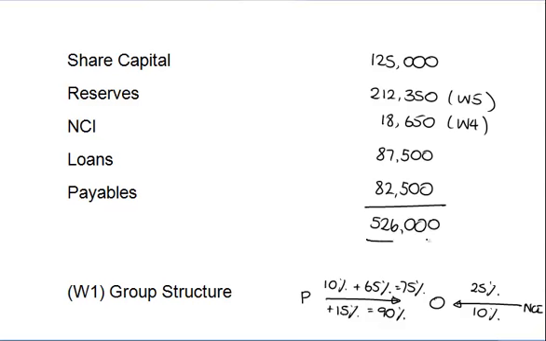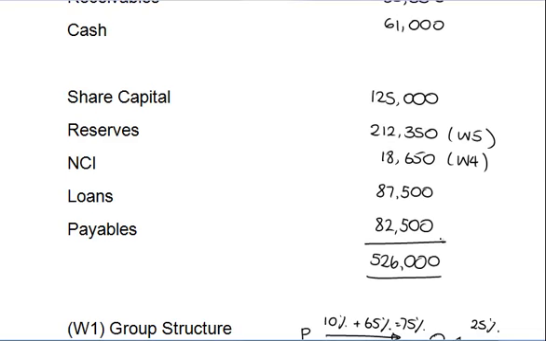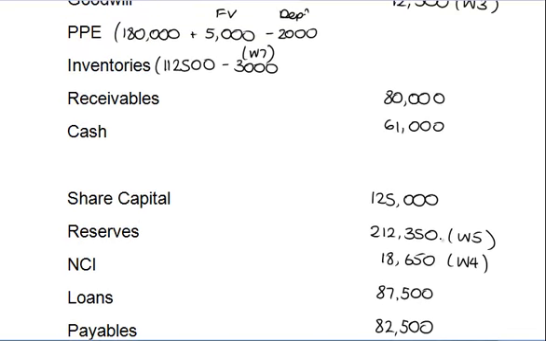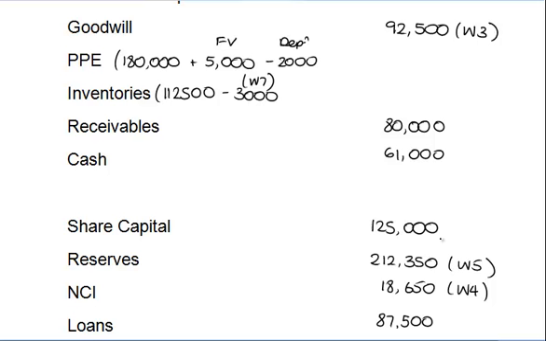Equity and liabilities adds up to 526,000 on the bottom part of our statement of financial position. We have PPE of 183,000 and we have inventories of 109,500.